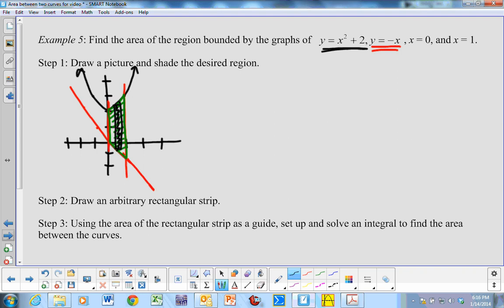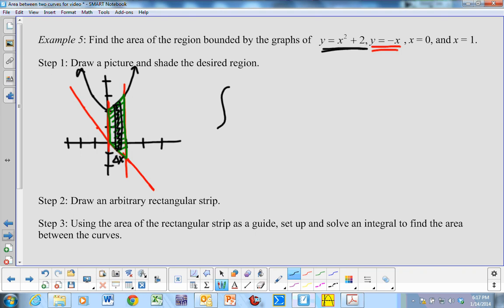Now using that, we're going to set up an integral. So the fact that your rectangle is the horizontal is the width, then that's delta x. That tells me that this entire integral will be in terms of x. So that's why that rectangle is super important, and you'll see on the next example the difference.